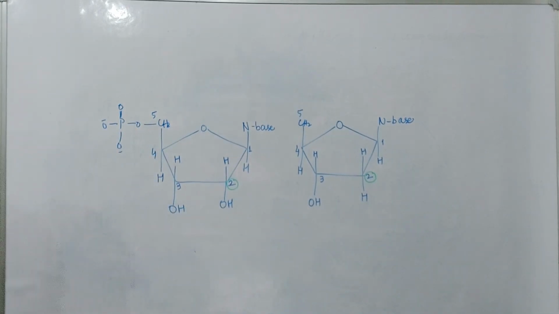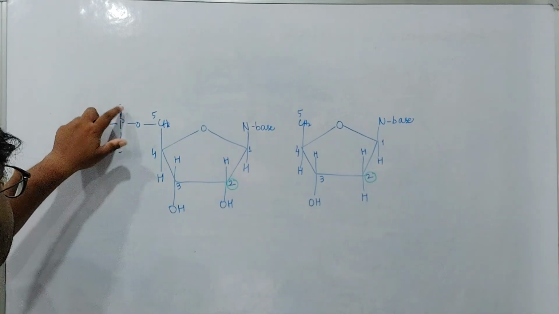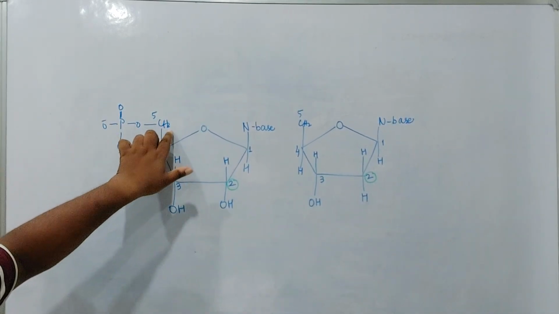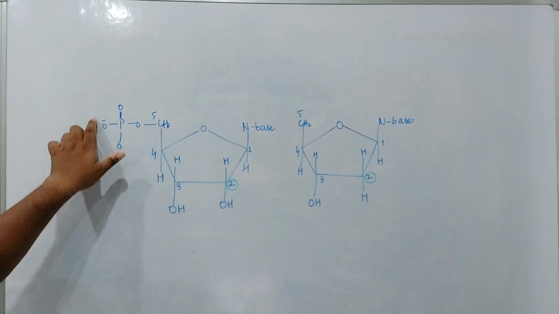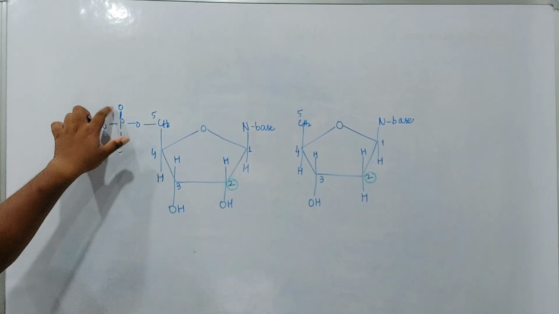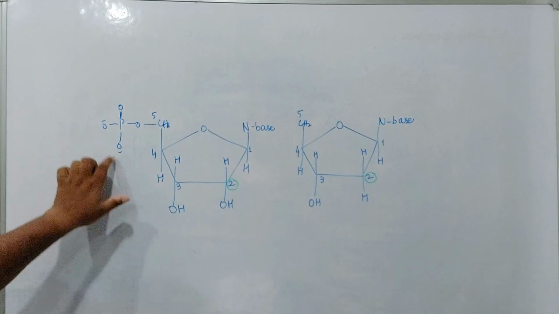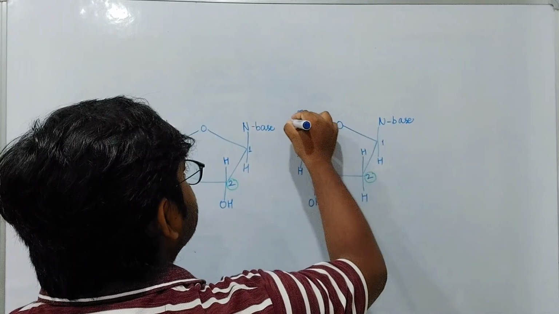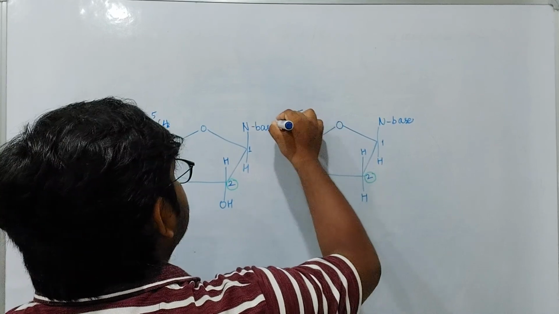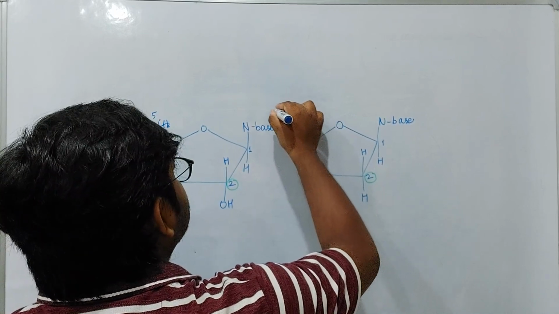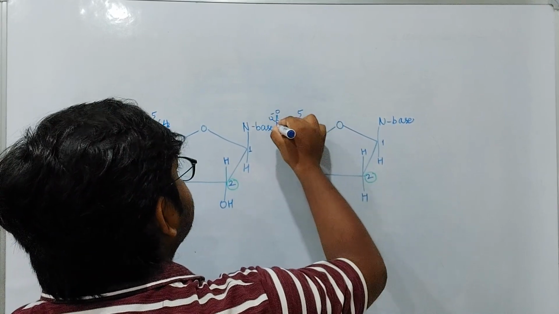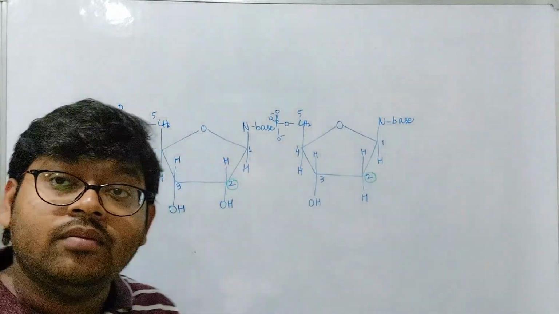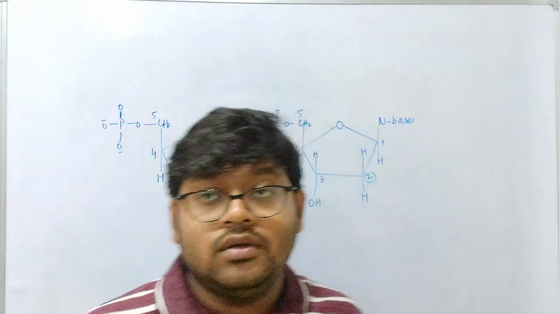So this is PO4 3 minus. One oxygen has combined with this carbon, one is double bonded O, and two are free oxygens. Similarly here also CH2O, PO, O minus and here O minus. Now they are no longer nucleosides, they have become nucleotides.